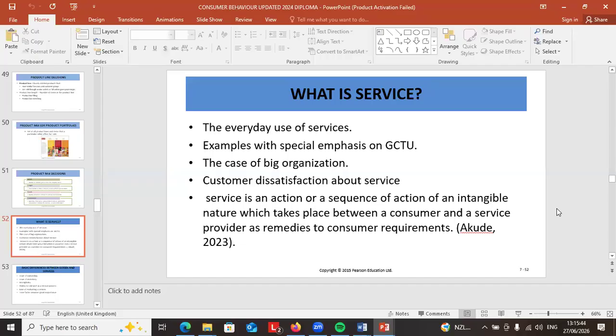But before this, the definition that has been universally accepted, we're all using, is that of Professor Hinson, an astute marketing professor, in 2004. That is dead knowledge, right? So I define service as an action or a sequence of actions of an intangible nature which takes place between a consumer and a service provider as remedies to consumer requirement. It is in the article I showed you, Akude 2023.